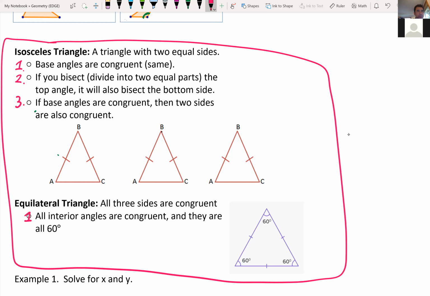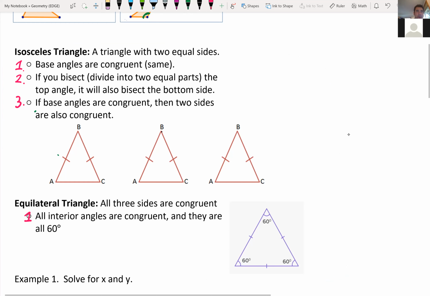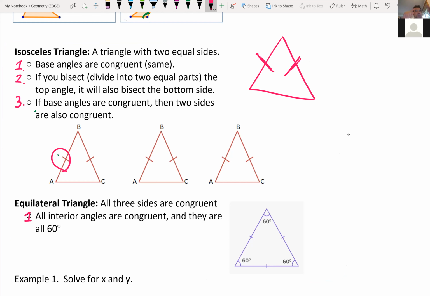Okay, let me explain the first thing. So again, what is an isosceles triangle? It's a triangle with two sides the same. You see those slashes or dashes? That means those two sides are equal in length, or congruent.